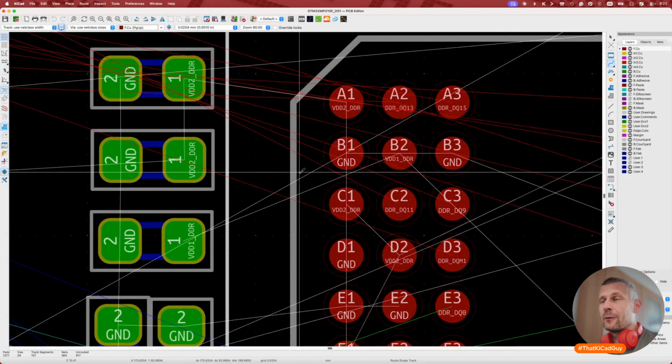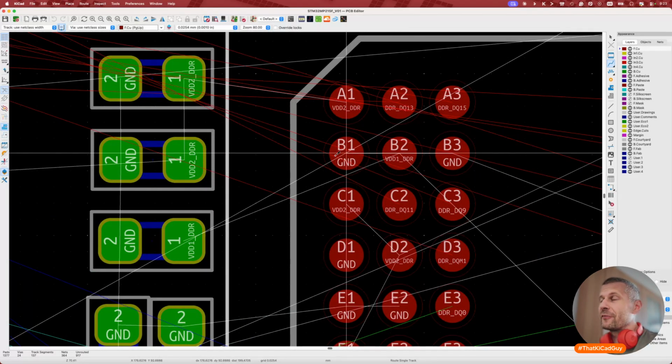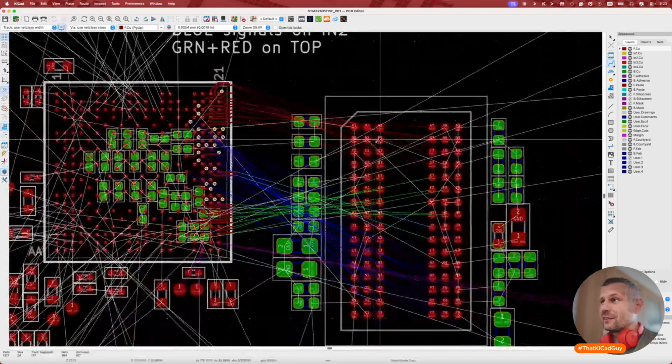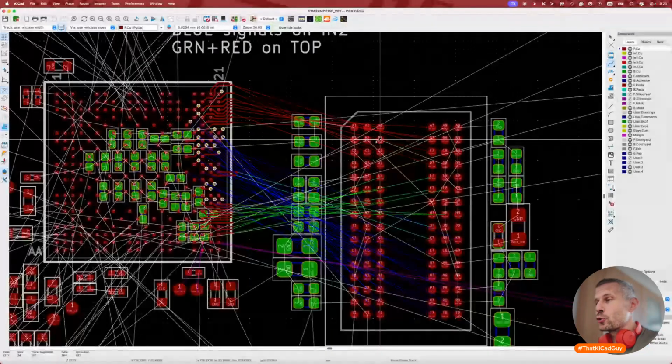Why? Because these connections will significantly limit the possibility to go in between paths. I think that's for sure.